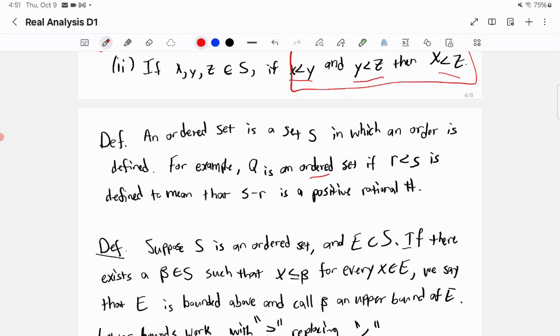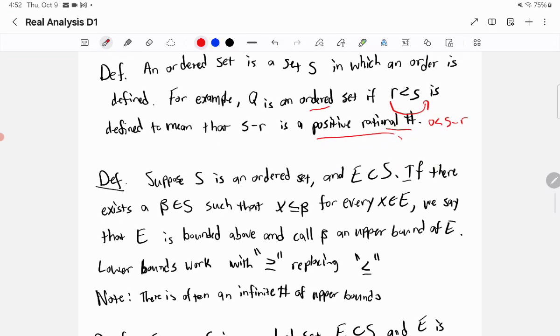Q is an ordered set if we take r less than s to be defined to mean that s minus r, so if I were to move this r over here, subtract it over, that s minus r is some positive rational number, right? Well, of course, if r is less than s, then that means s minus r is greater than 0. So it's got to be positive, right? This is all that we're saying here. Okay, great. So an ordered set is a set S which has an order defined on it.